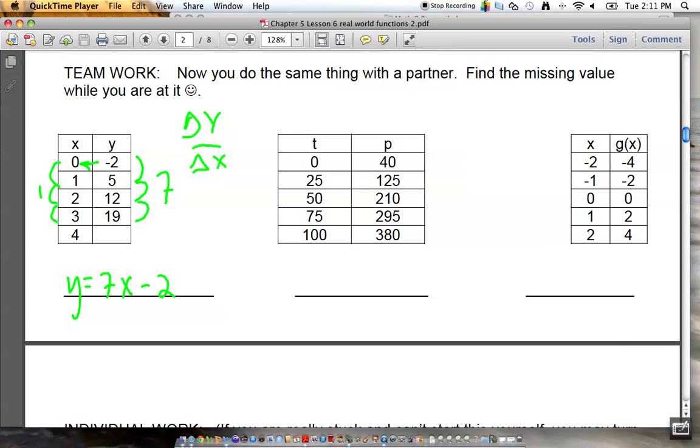Now, I'm going to show you 2 ways to do this to get 4. If I go up 7 from 19, what do I get? 26. Another way to do it, let's plug in a 4. What's 7 times 4? 28. 28 minus 2 is? 26. So you can get it either way. Try the next one.